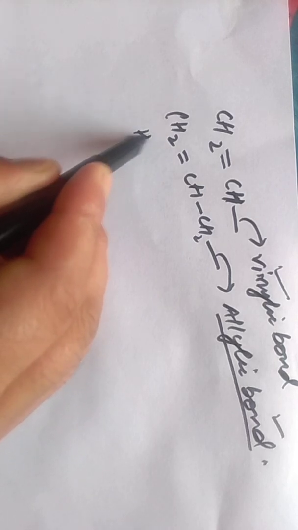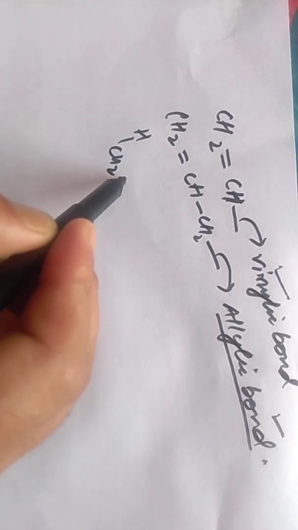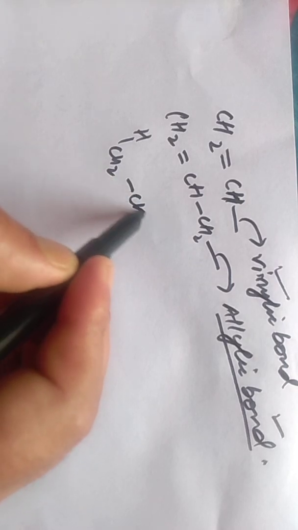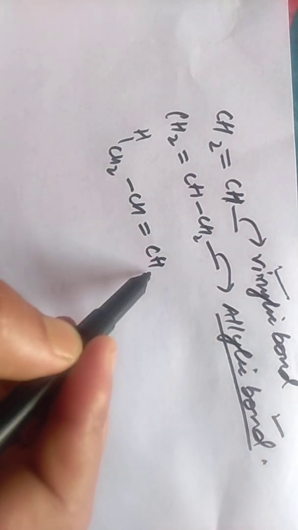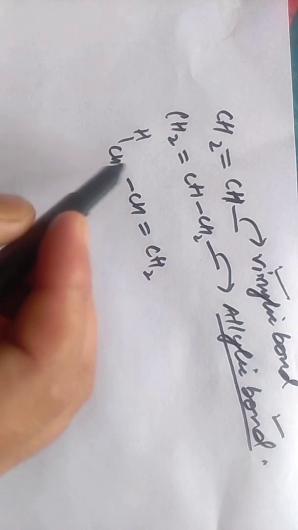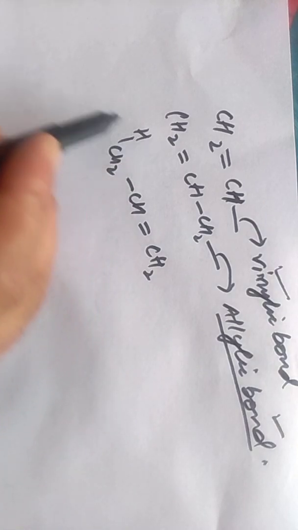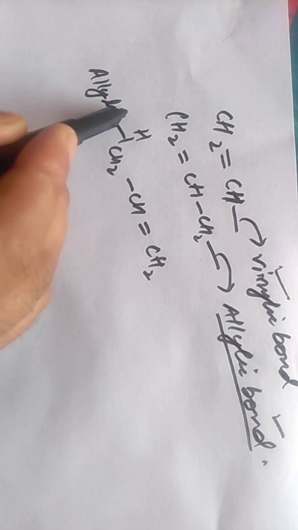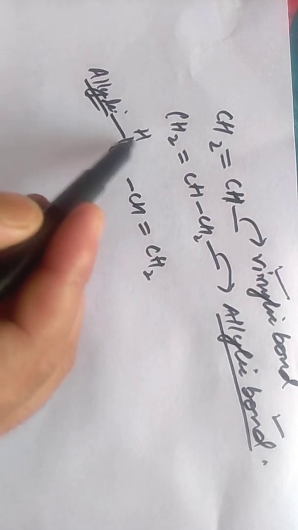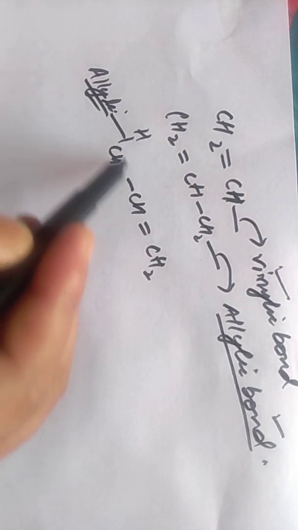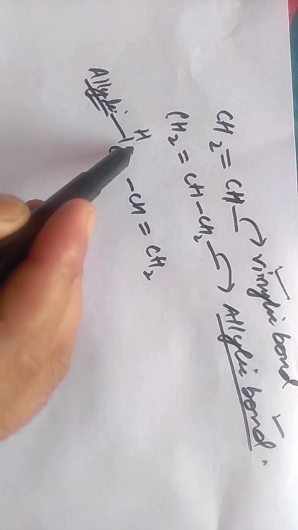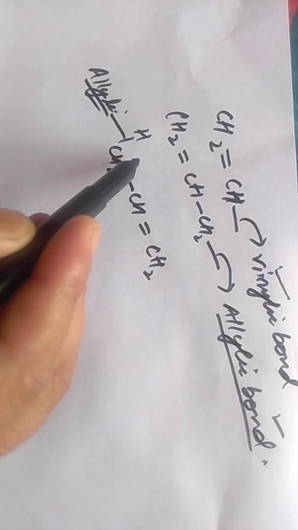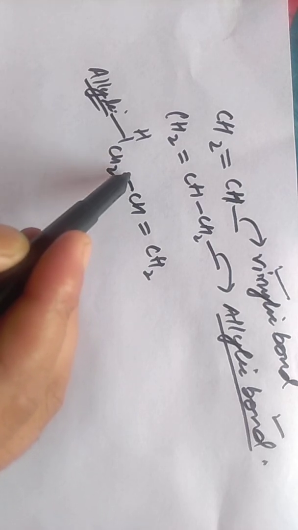Let us take an example. This is some example, and this is the allylic bond. As I told you a few seconds before, the sigma bond at the end of the molecule migrates to the atom at the end of conjugation.